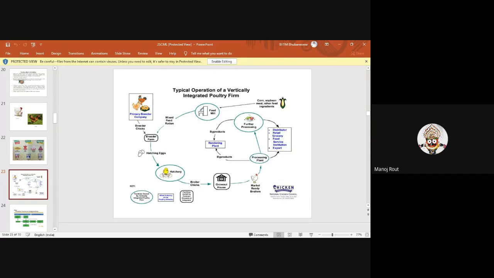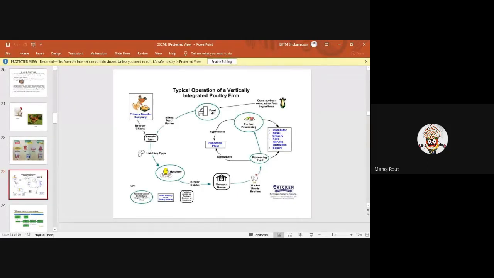So starting from the corn and soybean mills, the other feeds integrate and they directly go to the feed mills. And from the feed mills, the mixed feed rations should reach the breeder farms. And at the top corner, the primary breeder company breeds the chicks and hatching eggs at the different hatcheries.